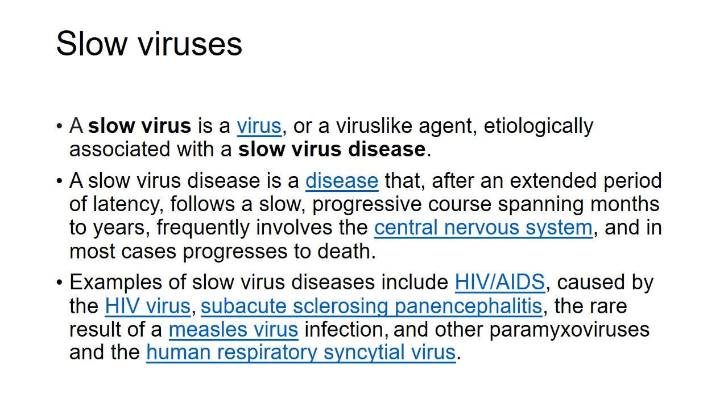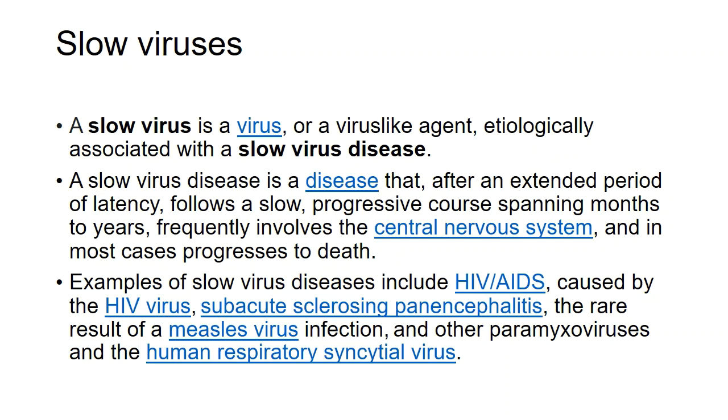Examples of slow viruses can be HIV, or AIDS, which is caused by the human immunodeficiency virus. Subacute sclerosing panencephalitis is caused by the measles virus, and there are other paramyxoviruses besides the measles virus which are also called slow viruses, and we also have the human respiratory syncytial viruses.